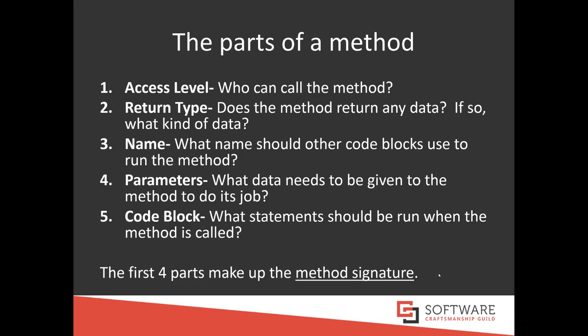In our example of a sum method, the parameters would be the numbers that we passed in that we would like the method to add up for us. The last thing is the code block. These are the statements that get run when the method is called. The code block is what steps of work need to be done. The first four parts of this, access level through parameters, those make up what we call the method signature.